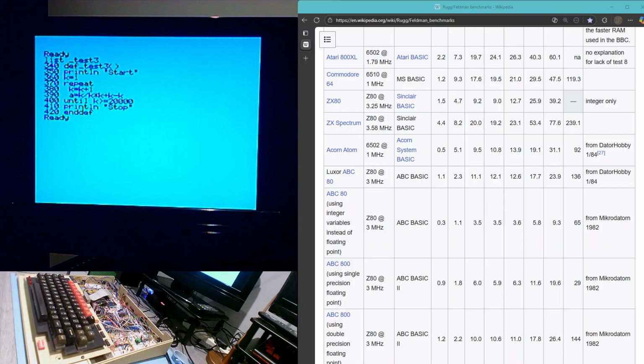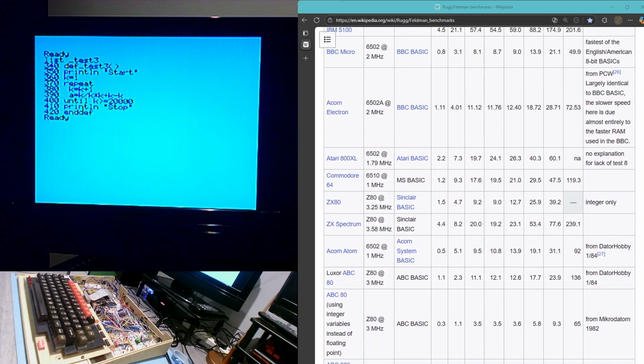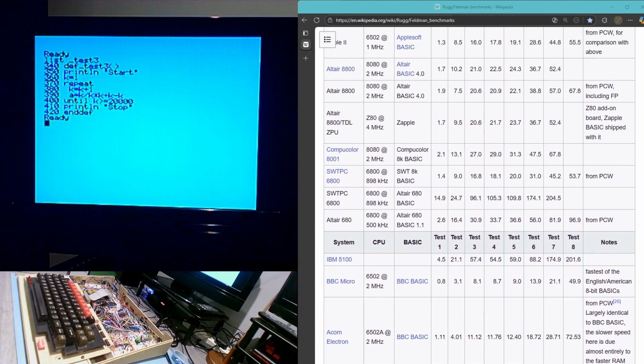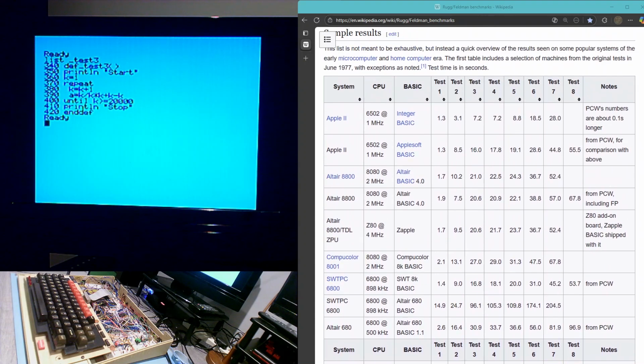That was test 3 with 1.14 seconds, scaled down from 20,000 iterations to 1,000 iterations. If I look at test 3, 1.14, again, that's several times quicker than the integer basic of Steve Wozniak's.